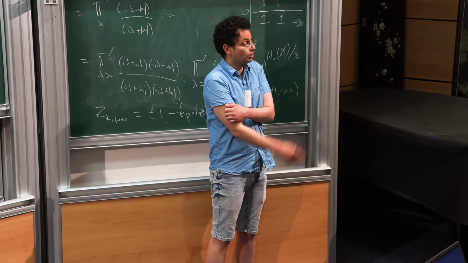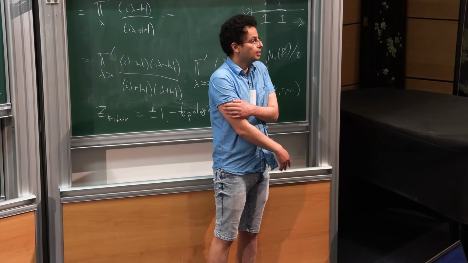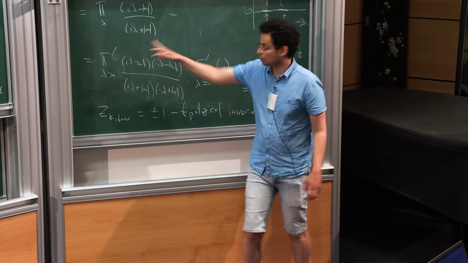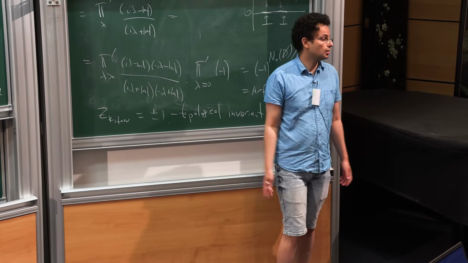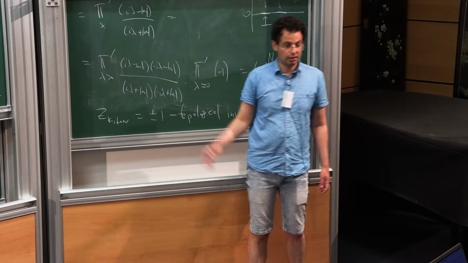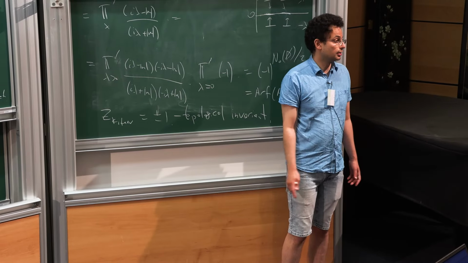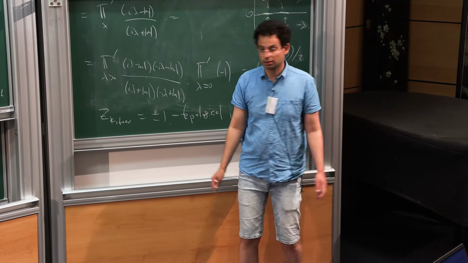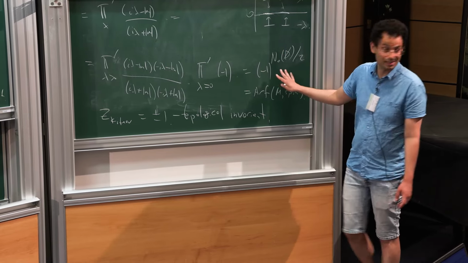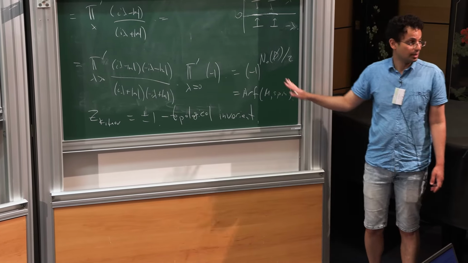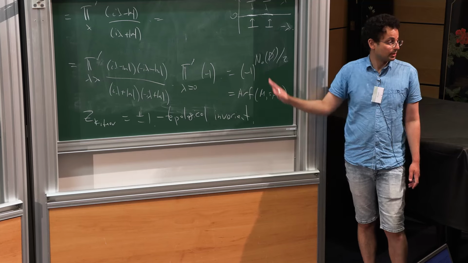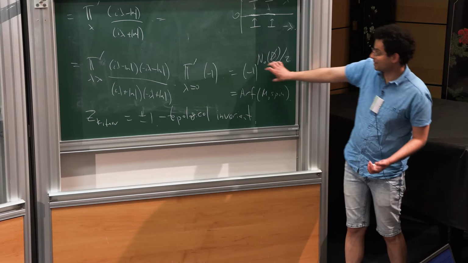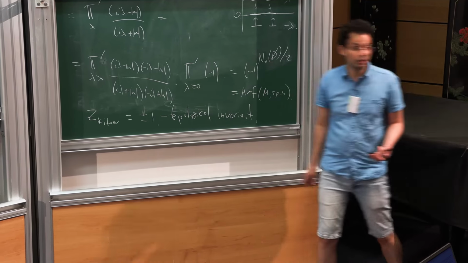There will be no lambda, minus lambda pairing. So this first term in the product will actually be non-trivial, and that will give you some kind of eta invariant of the 2D Dirac operator. So in this case, this is also in some sense the eta invariant of the 2D Dirac operator, the spectral asymmetry. Just in this particular case, it's saturated just by the zero mode part.